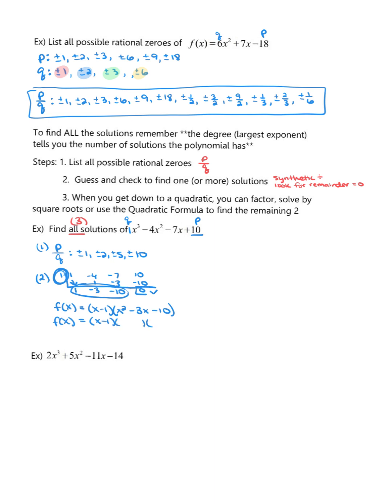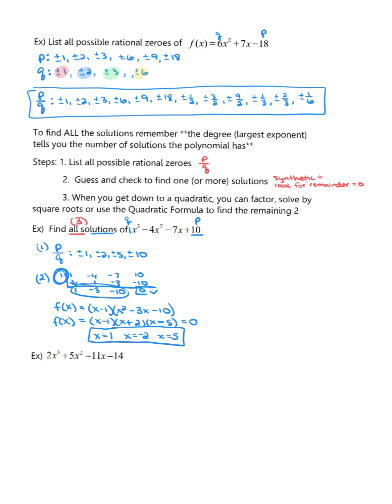Factor further. 2 times 5 is 10, minus 5 plus 2. And then we're finding the solutions. The solutions are when we set it equal to 0. So x equals 1, x equals -2, and x equals 5. And I said that I should have 3 solutions, and I found 3 solutions.